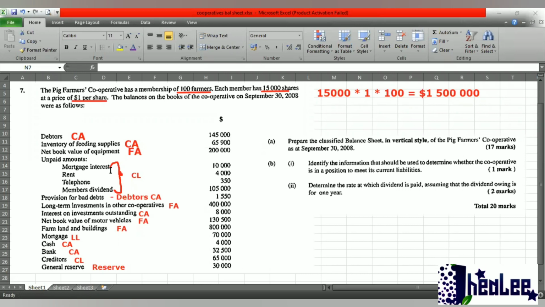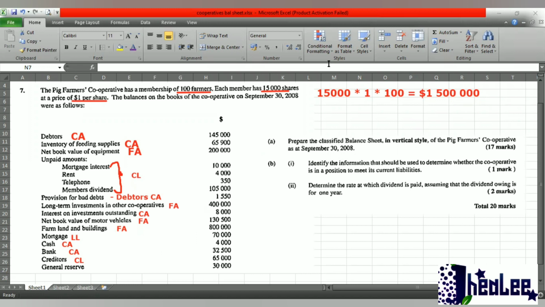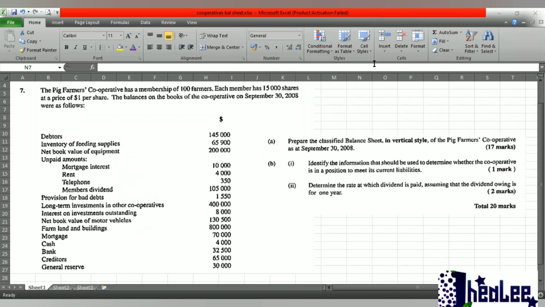Okay, so now that we have looked at those items, we are going to proceed to do part A, which is prepare the classified balance sheet in vertical style of the pig farmers cooperatives as at September 30, 2008. So we're going to proceed to do that. And the first thing that we're going to record are the fixed assets.